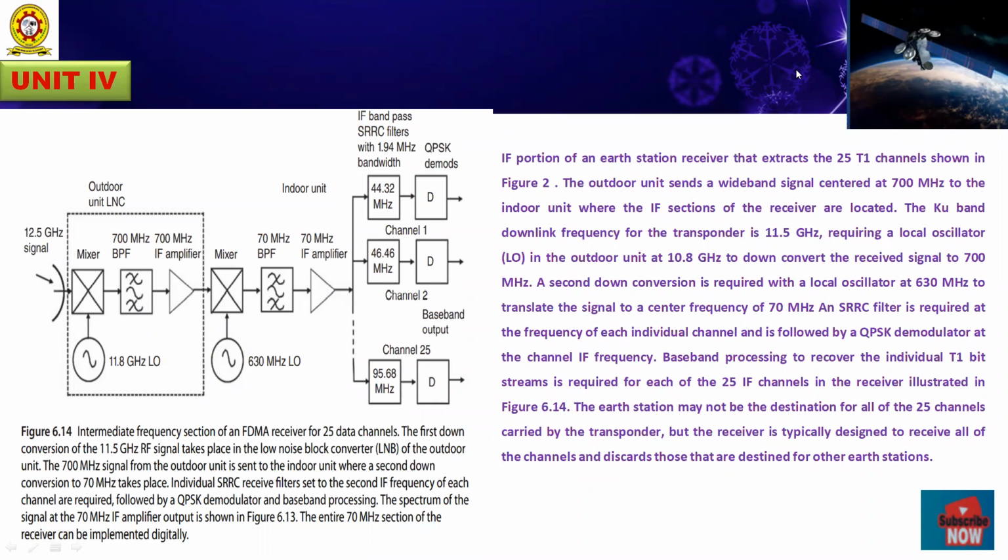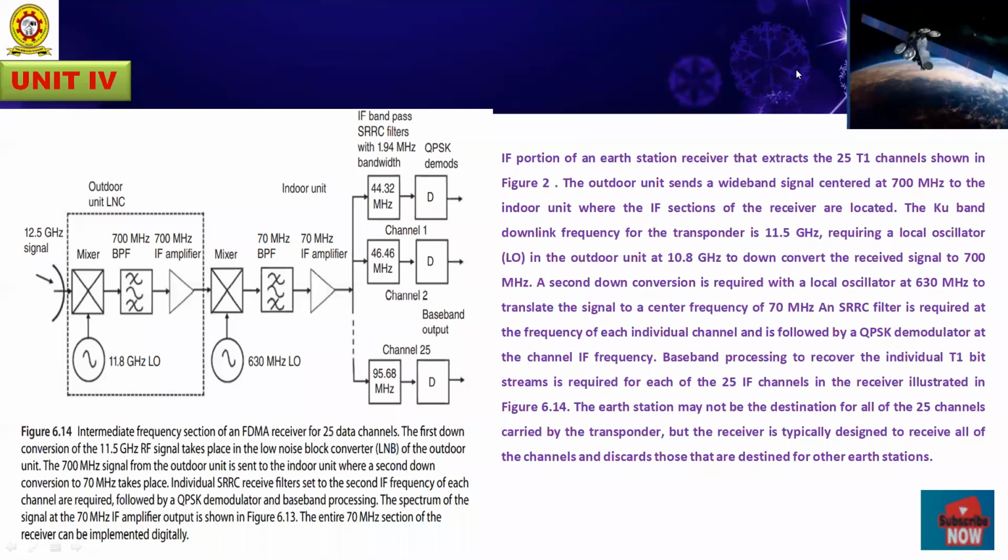In this second down conversion, in the indoor unit placed in the picture, the individual SRRC receives the filtered signal coming from the second IF frequency of each channel, which is required from the second IF amplifier.